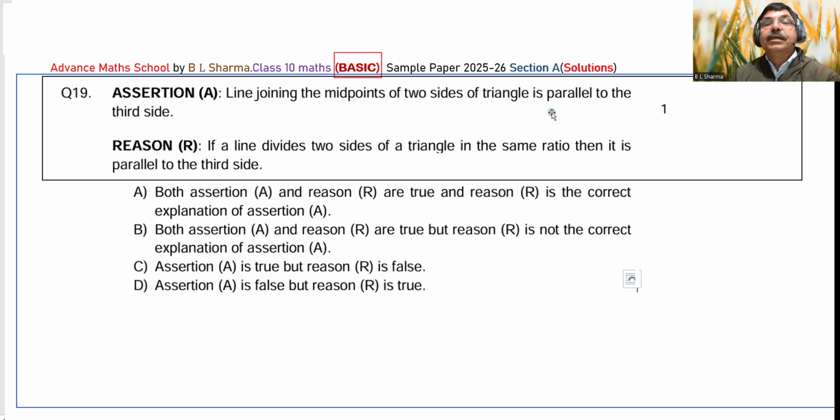Yes, because they divide in the same ratio, and when divided in the same ratio, the line will be parallel to the third side. If a line divides two sides of a triangle in the same ratio, then it is parallel to the third side. That is the converse of the midpoint theorem. So, which of the following is correct? A is the correct option.